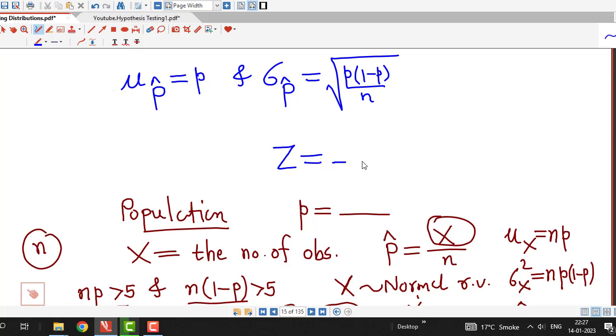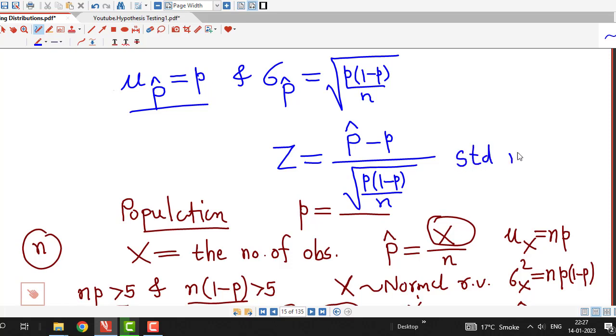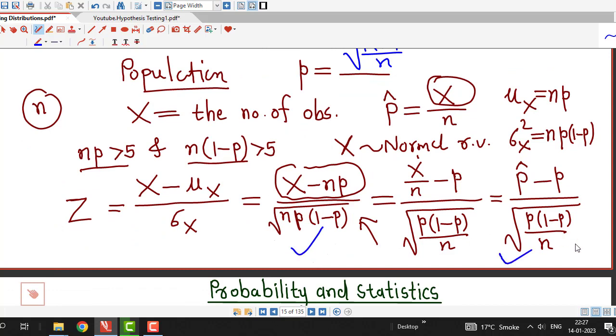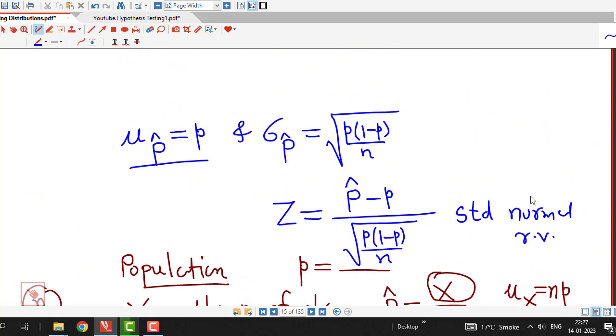Therefore Z equal to p hat minus mean, that is small p, divided by the standard deviation, square root of p times 1 minus p divided by n, is approximately a standard normal random variable. If you forget, you can derive it in this way also. So this is the mean of the sampling distribution of sample proportion, and this quantity is the standard deviation of the sampling distribution of sample proportion.